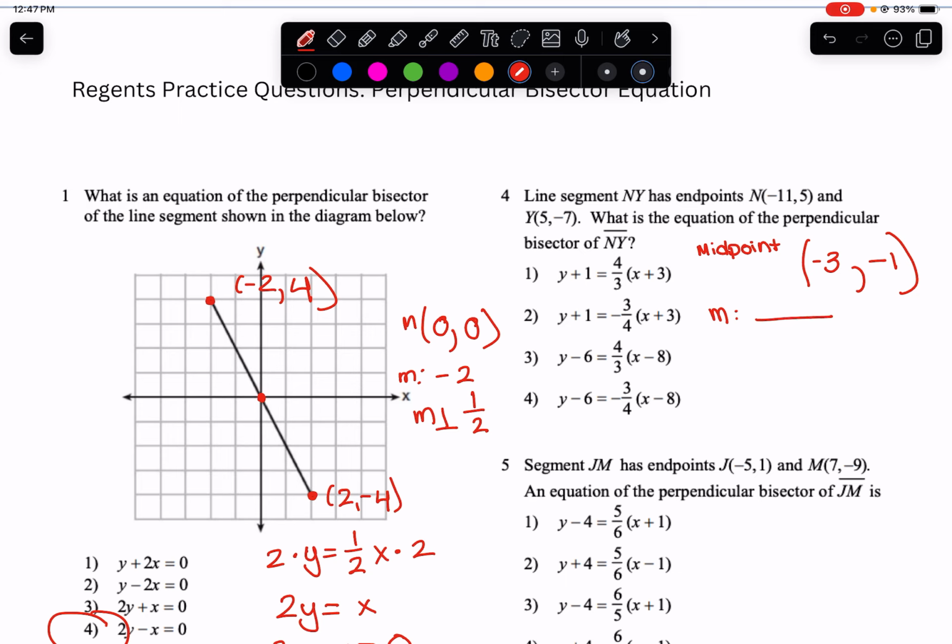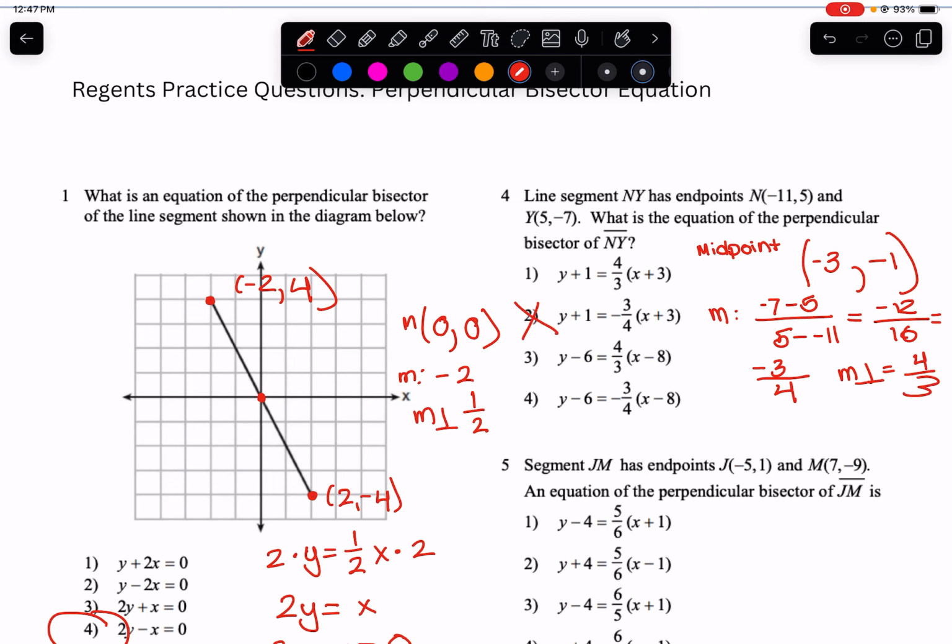Our slope. So we're doing negative 7 minus 5, and 5 minus negative 11. So it's negative 12 over 16, which simplifies to -3/4. So the slope perpendicular is equal to 4/3.